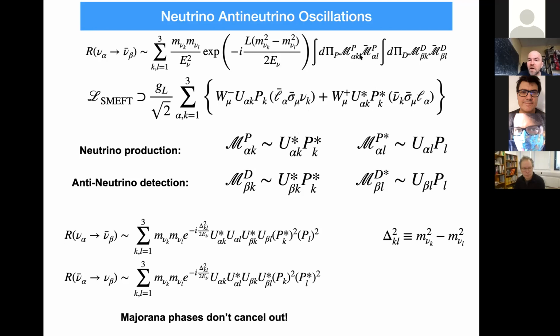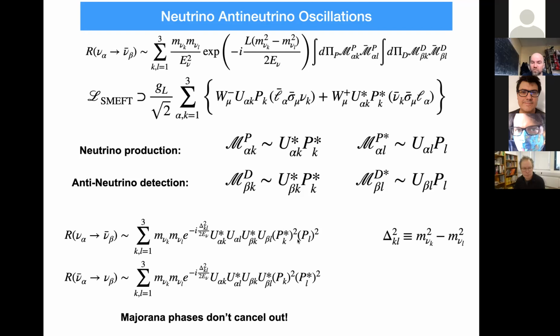And now there will be no cancellation of the Majorana phases between this production and detection amplitudes, and you end up with the following formula, where you have a very similar formula like before, with 2 modifications.